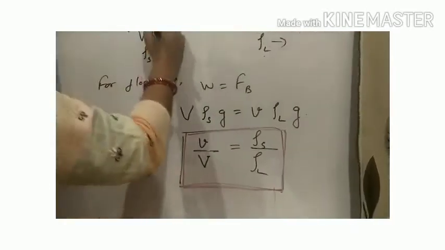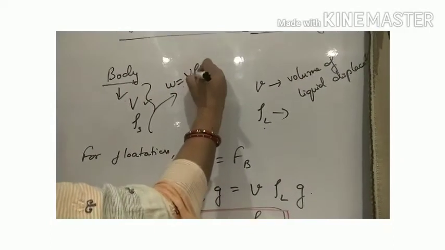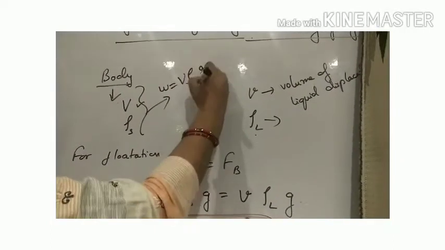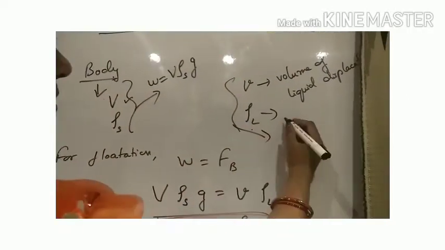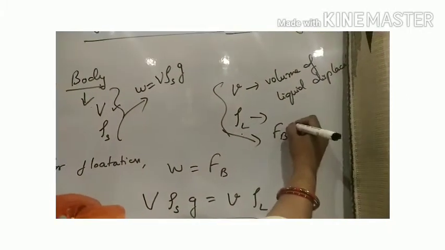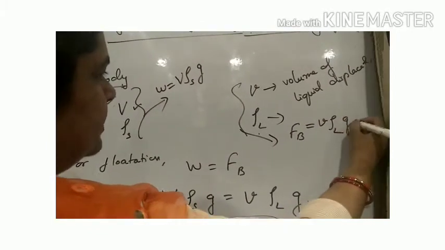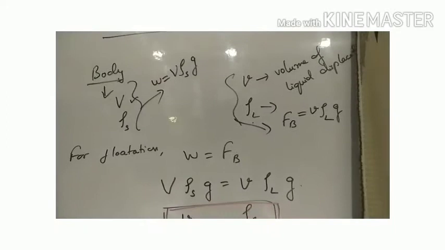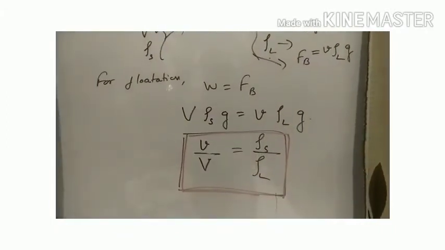Now the weight of the body is W = V rho S g, and the upthrust is Fb = v rho L g. According to the principle of flotation, weight is equal to upthrust.